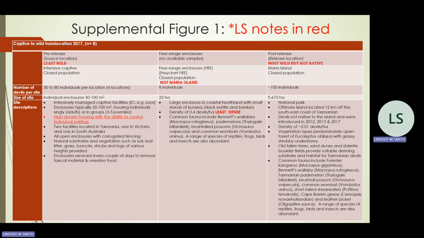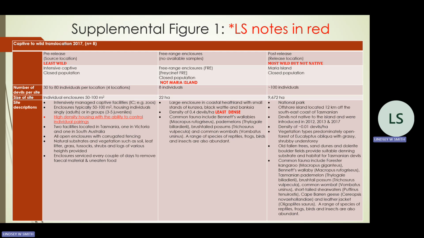I thought it was kind of neat to look at the supplemental data provided for this study. This slide, as well as the next slide, show housing differences. This first is the captive to wild translocation event. I just highlighted differences that I thought were worth noting, but of course there's a lot more detail here.